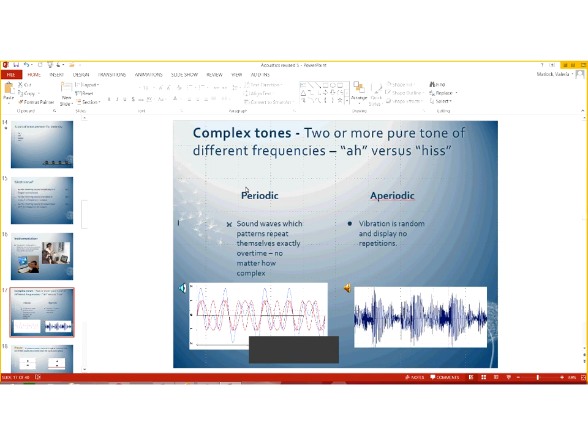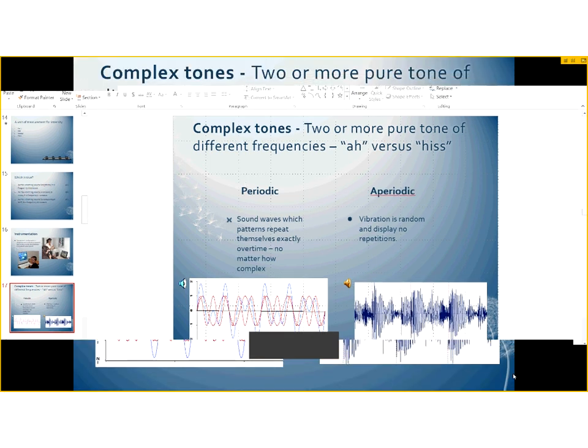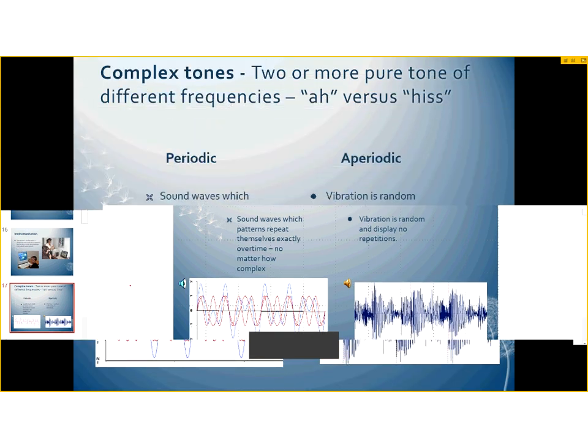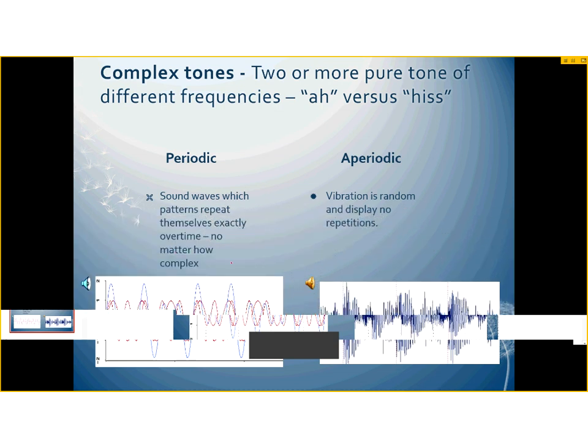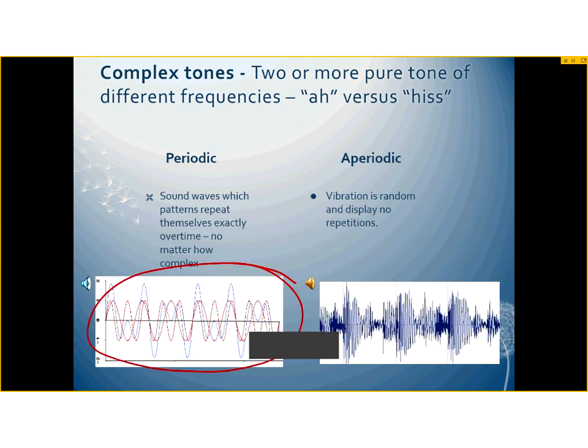So for this, you see multiple sine waves. There are actually 3, a blue one and 2 red ones. And there are multiple frequencies and multiple amplitudes, right? So it's a complex tone, but each wave repeats itself.